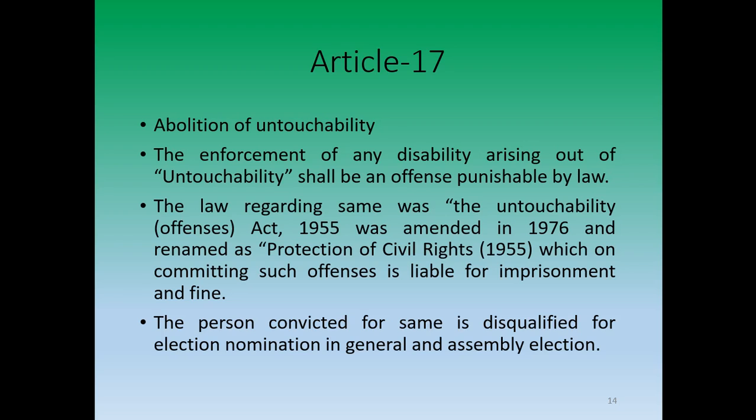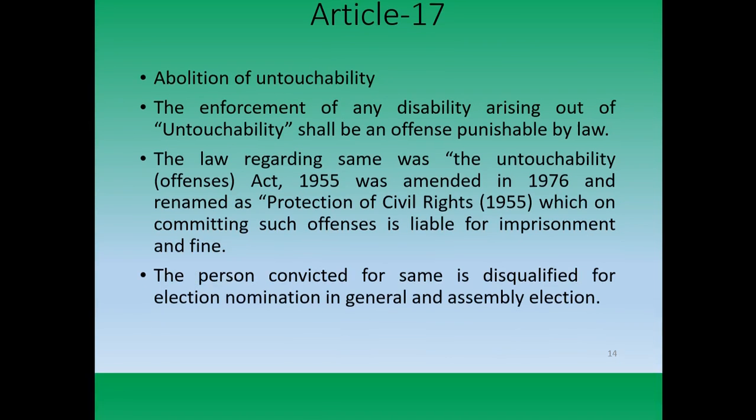Untouchability is an integral part of the caste system and is not based on mens rea. A person convicted for the same is disqualified from election, nomination in general and assembly elections.